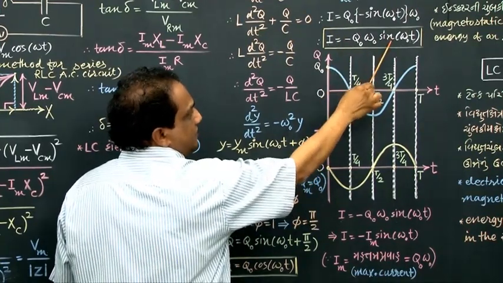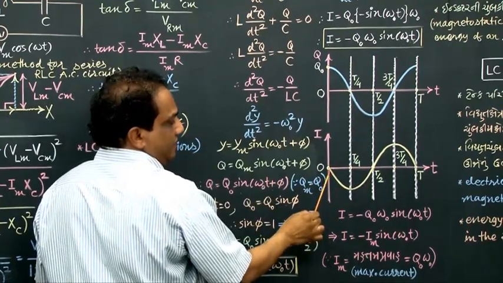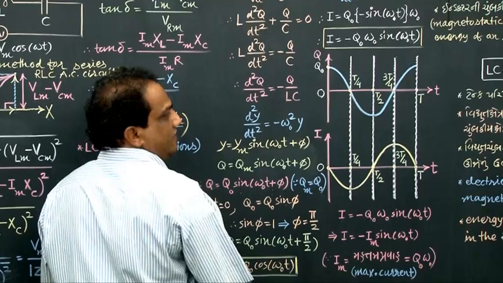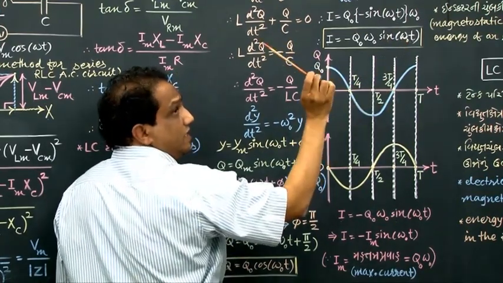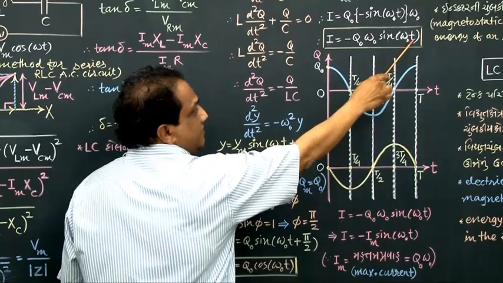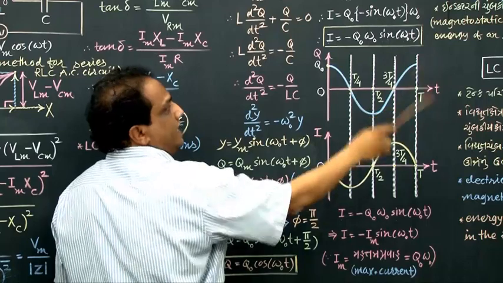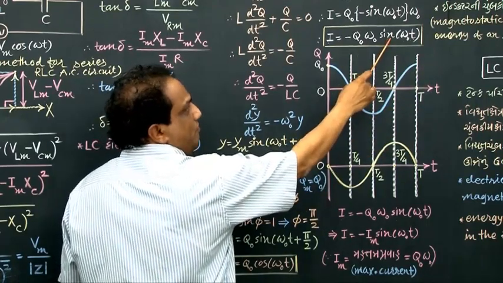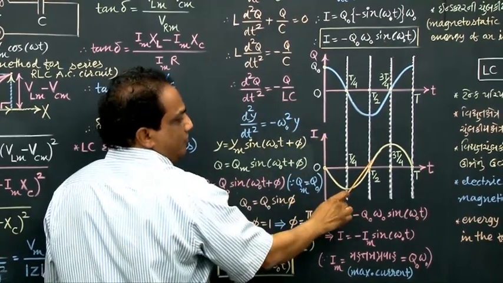That's why positive multiplied by negative remains negative, so I is negative. Then when this angle enters the third and fourth quadrants, the sine function is negative, minus minus plus, so the I value will become positive.